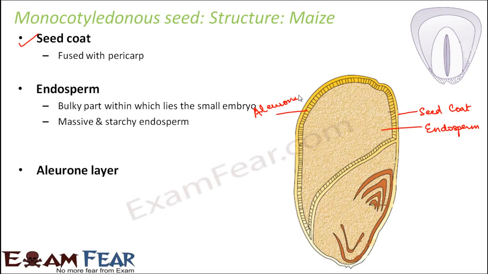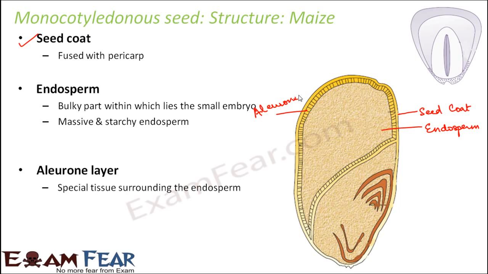It is massive and starchy endosperm. This will provide all the food, and that is why the endosperm is digested and absorbed by the embryo. A time comes when all that massive portion is absorbed by the embryo itself, and the embryo grows into a new plant altogether.